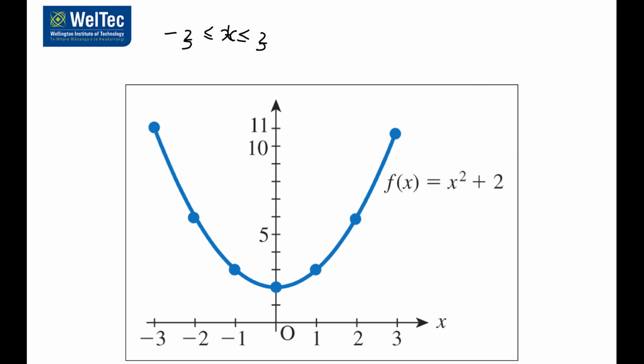The domain is the set of x values. It's the independent values, and in this case the domain can take any value from -3 to 3, and the range is the set of dependent variables.